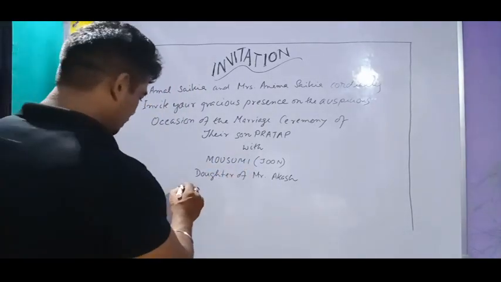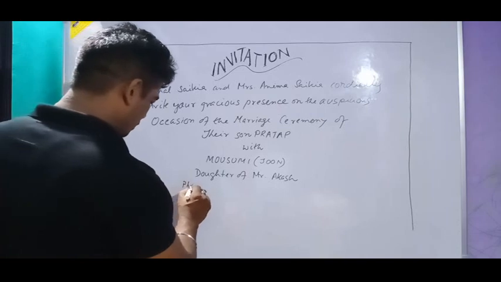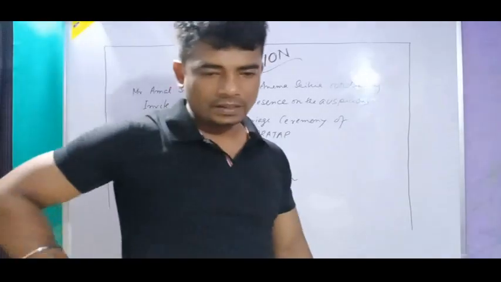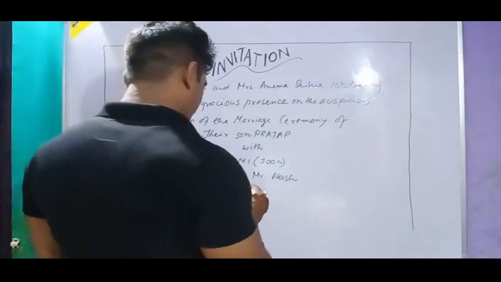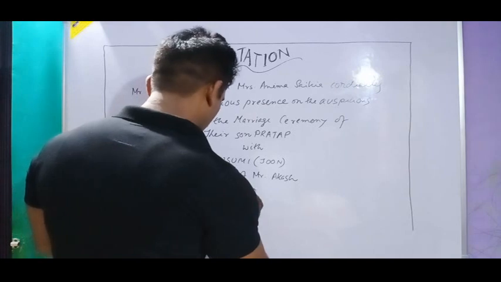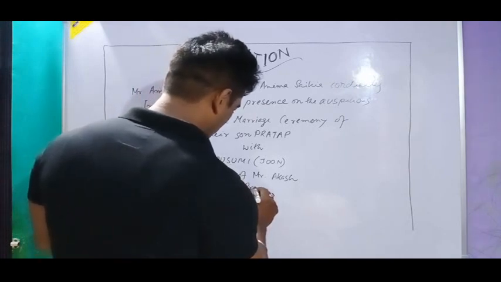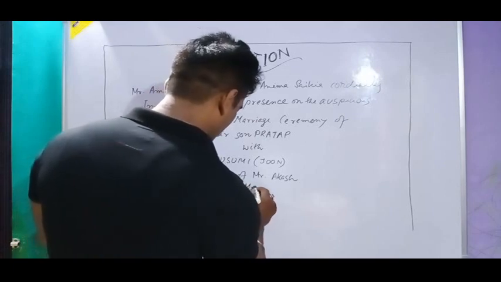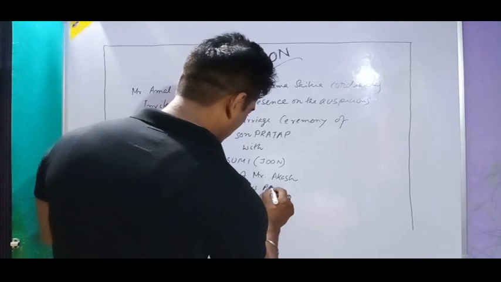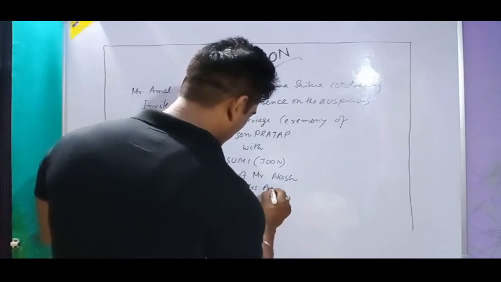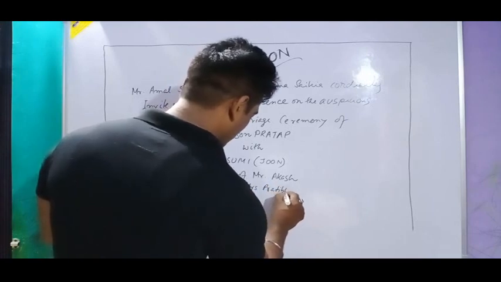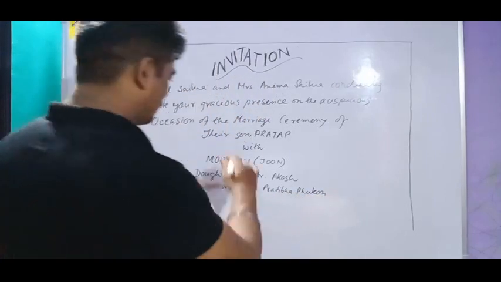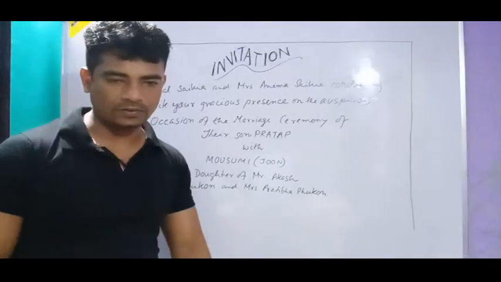Akash Phukan will be written here. And mother's name, suppose Protiva Phukan. Mrs. You have to write. It is going in a style, you can say. Protiva Phukan.